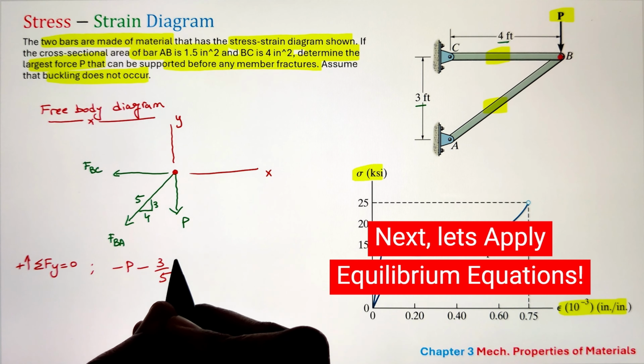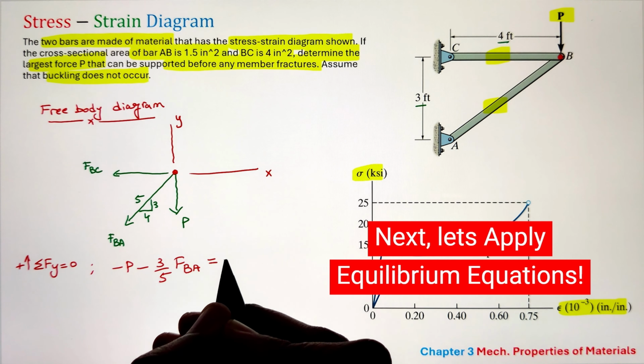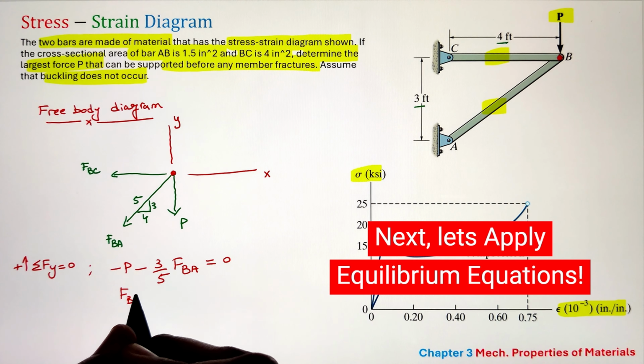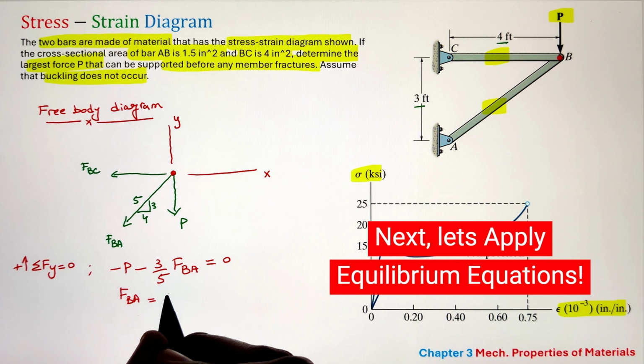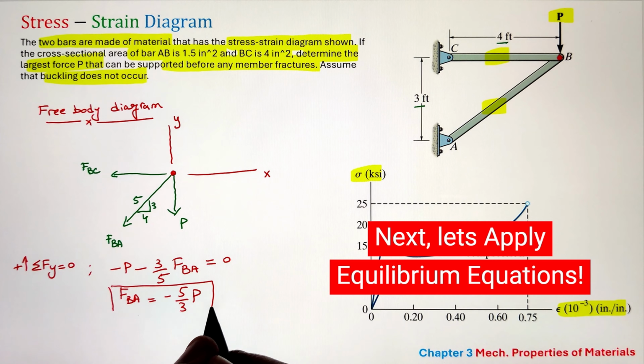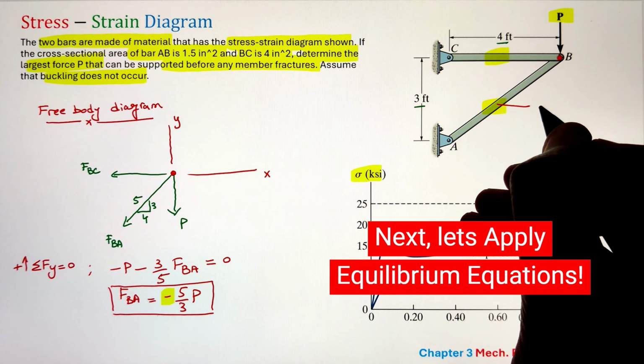I have an external load of P going downward, that's why I have a negative value, whereas the force FBA will also have a component in the y direction going downward, calculated as 3 over 5 times FBA. Simplifying, we get FBA equals negative 5 over 3 times P.